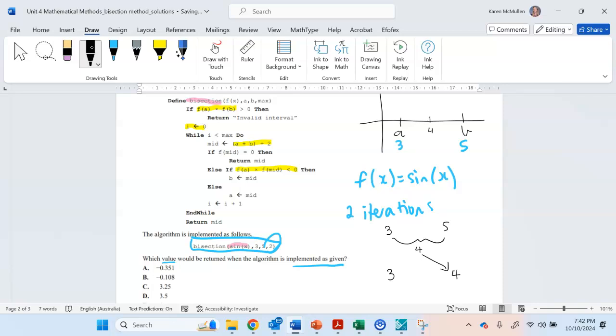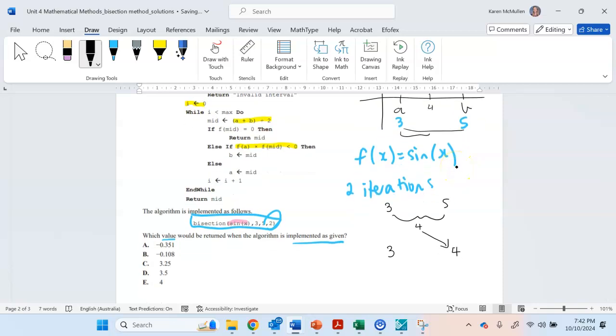So think about it: here's 4 in the middle. We've gone from 3 to 5. We know it's between 3 and 5, and now we've shortened that distance to 3 to 4. Then we start the process again. We find the midpoint between 3 and 4, which is 3.5.